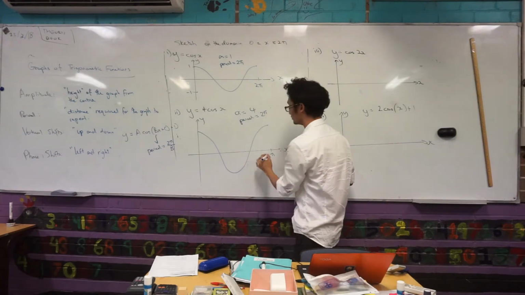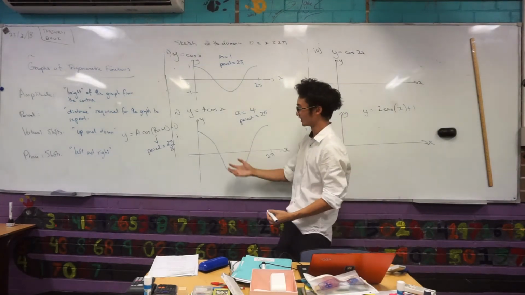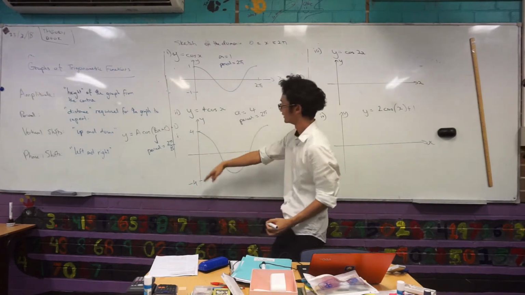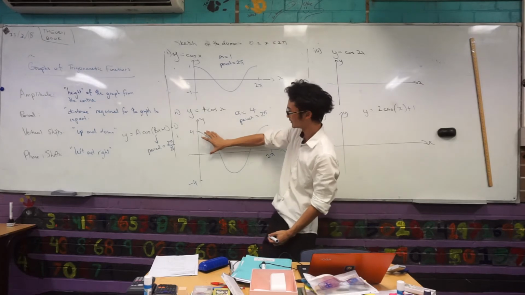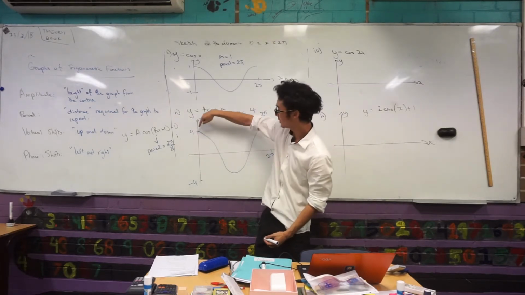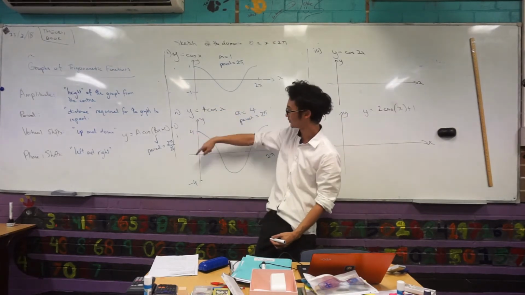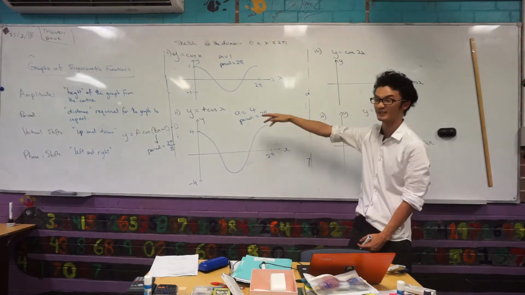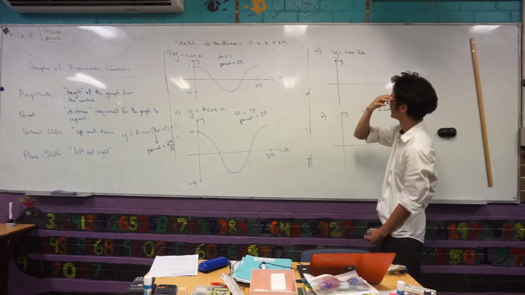And now I'm going from 0 to 2 pi. And because I've sketched it like this, now I can just put in the values when I'm done. I'm going from 4 to -4, because when I'm looking at the amplitude, it's the distance from the center axis to the furthest points away. So I got 4 to -4, 0 to 2 pi, and that's y equals 4 cos of x.